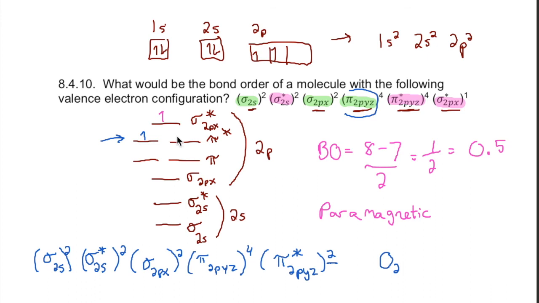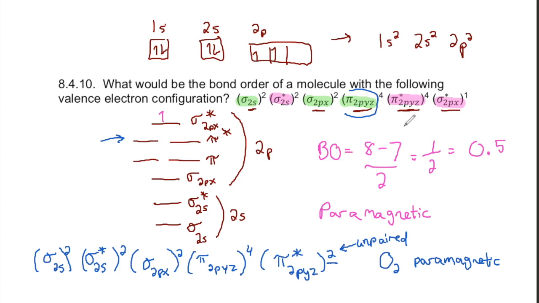So having 1 or 2 or 3 electrons in the pi orbital would have unpaired electrons. So these would be unpaired, making oxygen paramagnetic.